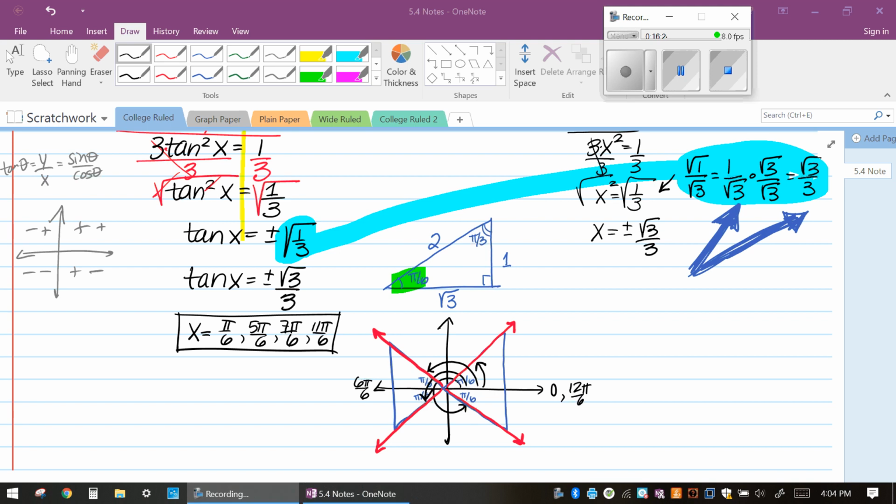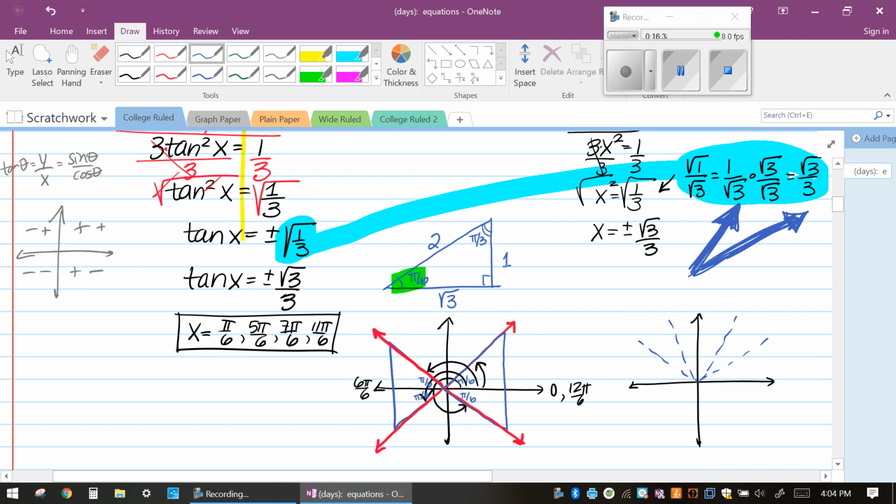If it helps, what you can do, and some of you did this when I first started showing you this, is cut each half of the circle into 6 pieces. So then you can see 1 pi over 6, 2 pi over 6, 3 pi over 6.